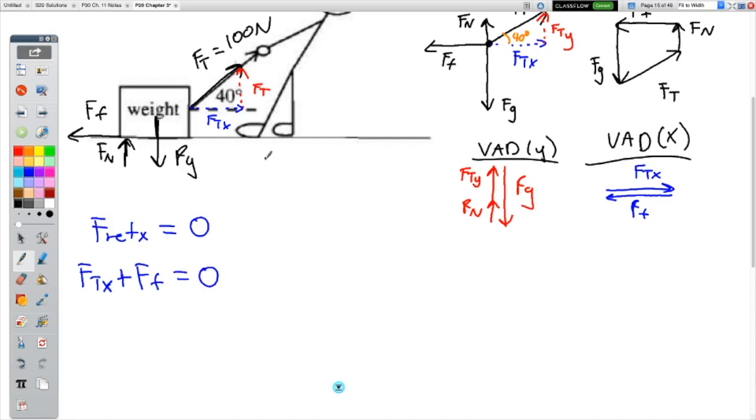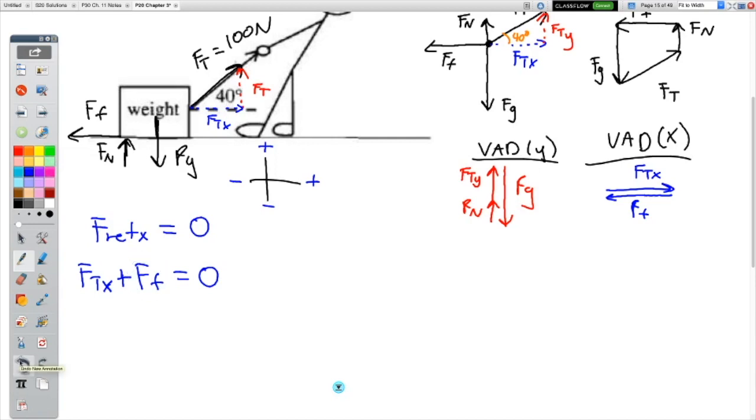Okay, before we go any further, I'm going to define my directions. This way, right will be positive, this will be negative, up will be positive, down will be negative. FTX plus FF equals 0. What are we looking for? What's the point of this question, right? We wanted to find the force of friction.